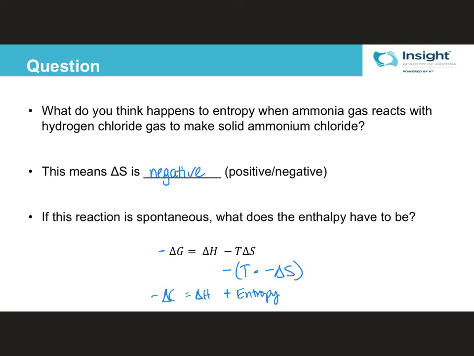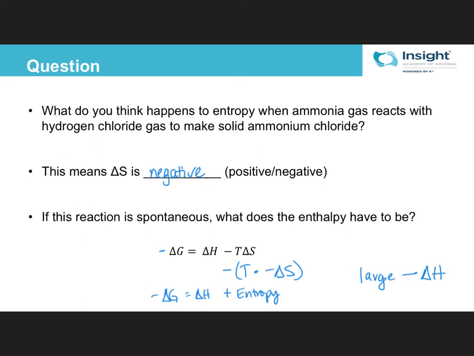How do I get delta G to be negative? What does my delta H have to be? When I multiply the entropy by its temperature and then subtract that negative value, subtracting a negative gives you a positive. So the only way for me to get an overall negative value is if I have a large negative delta H. That's the thought process that some of these questions are going to take you through.